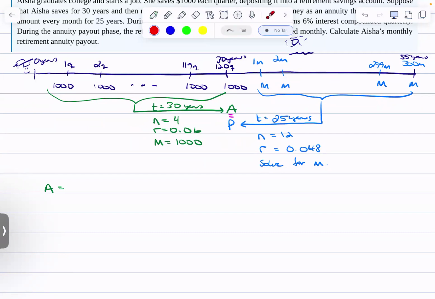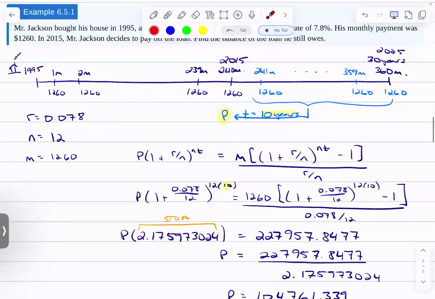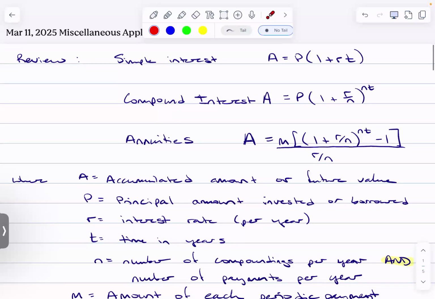A. Do you remember? You're choosing between 2 A formulas. Let's go way back here to our review. Either compound interest, but compound interest was when we started with some amount and it just sits there, compounding every now and then, growing a little bit.